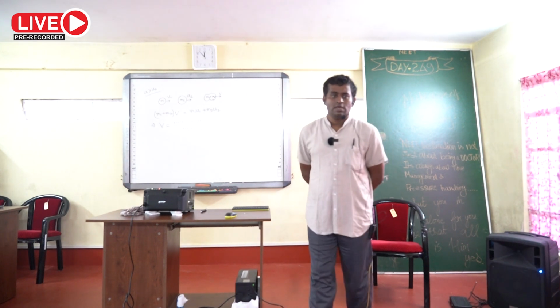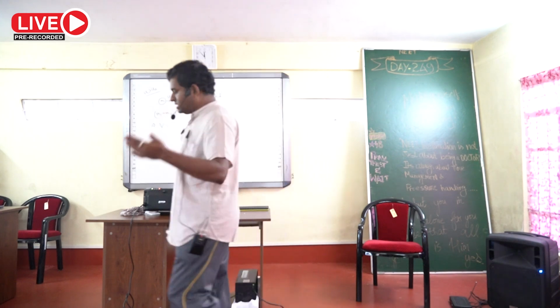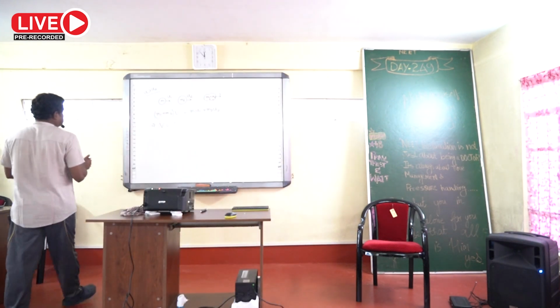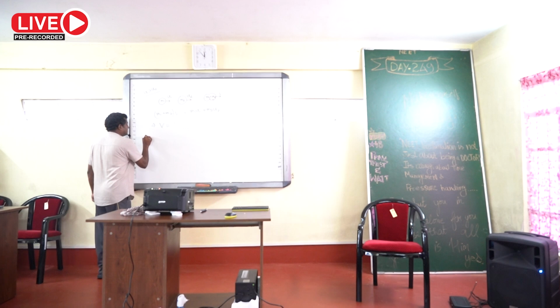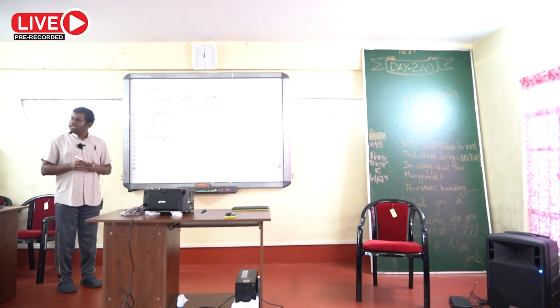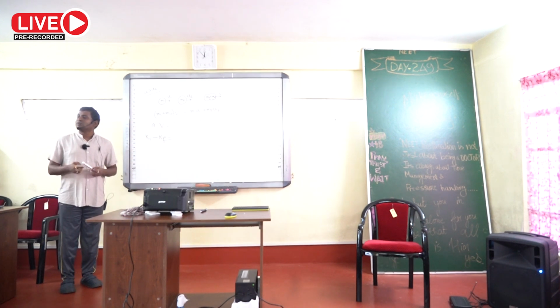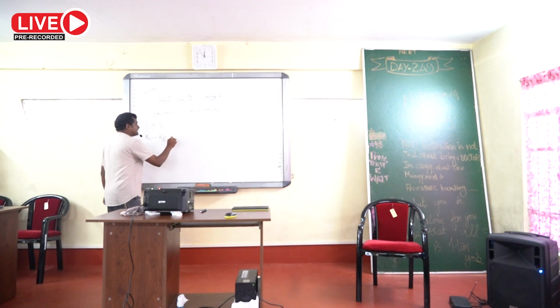Now you can also check one thing, that difference of kinetic energy you can calculate, Ki minus Kf. Ki is the initial kinetic energy, Kf is the final kinetic energy. So what is Ki?